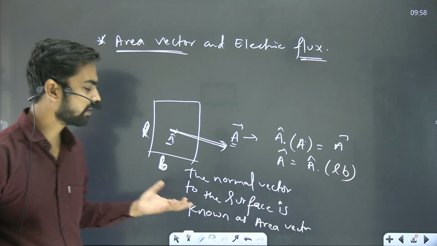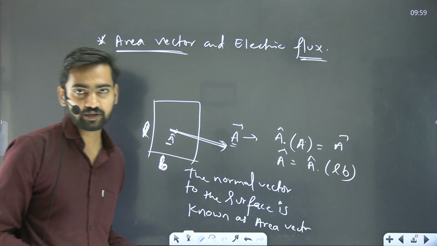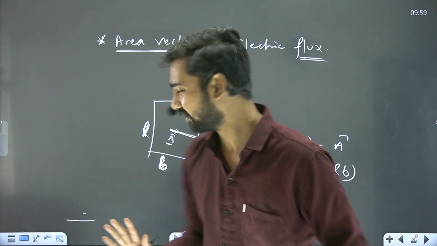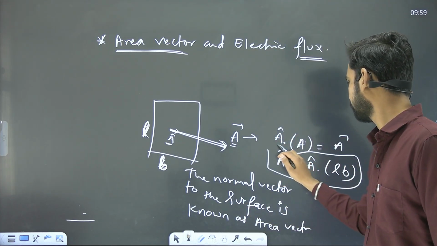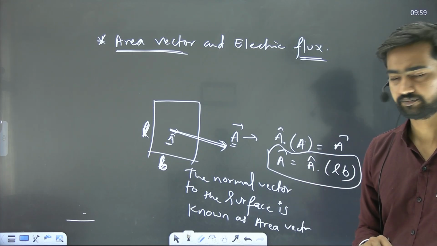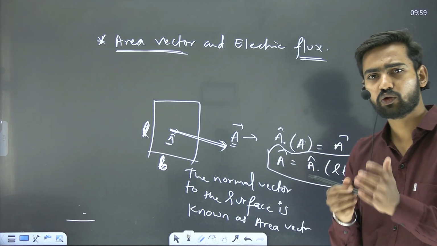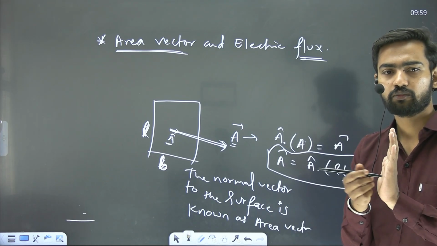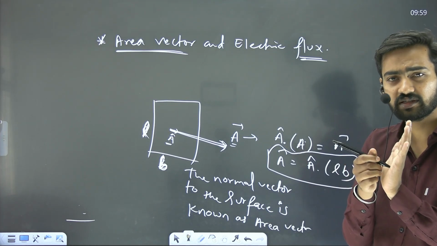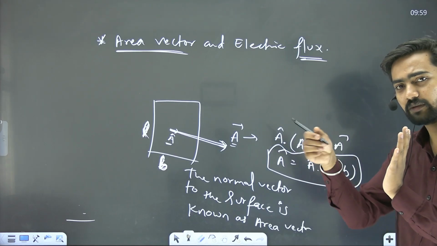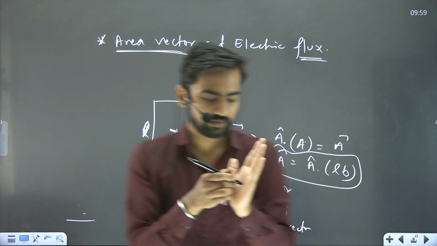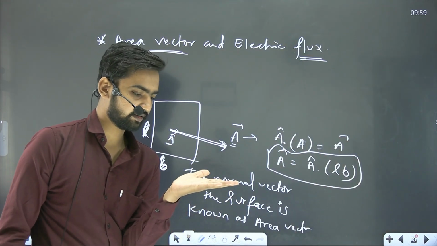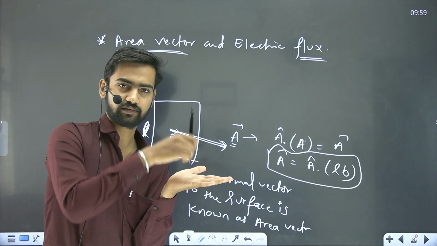For this surface, I am considering its length into breadth. For a different surface, it could be something else. So whatever the normal vector from the surface, it is known as the area vector. If I change the surface and put it like this, then the area vector will be like this.